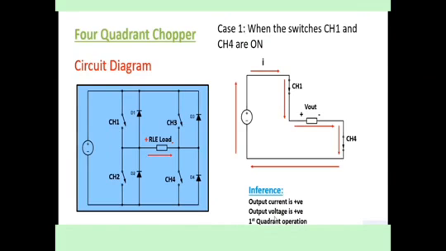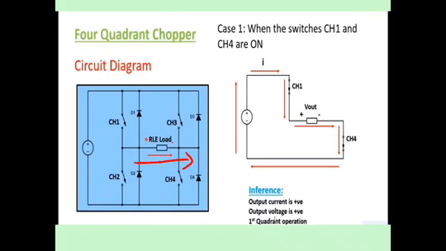Remember that this is a resistive, inductive and battery load. The direction of your current is from positive to negative, and the current flow through the load is in this direction.